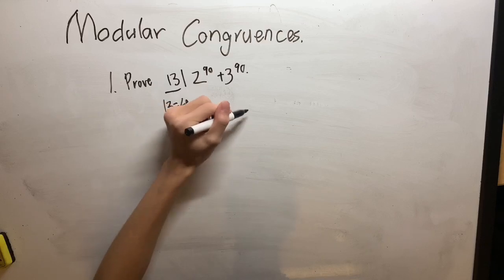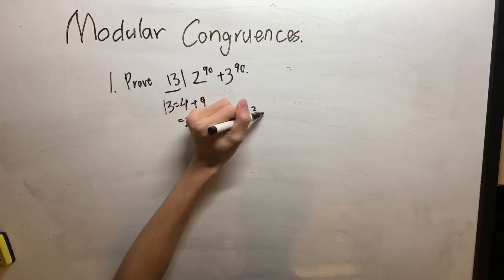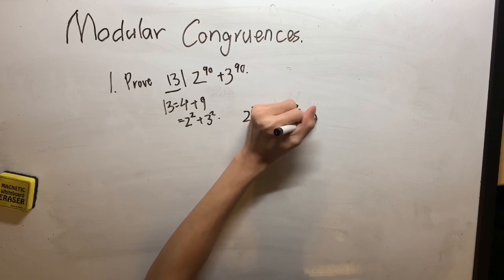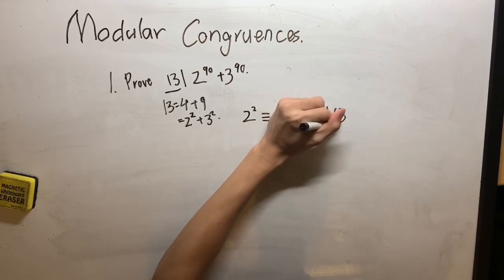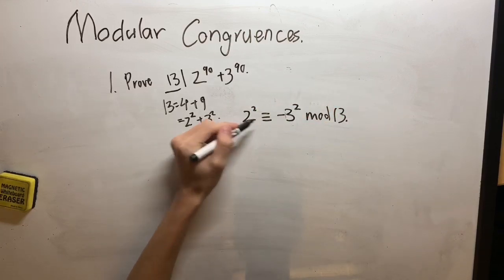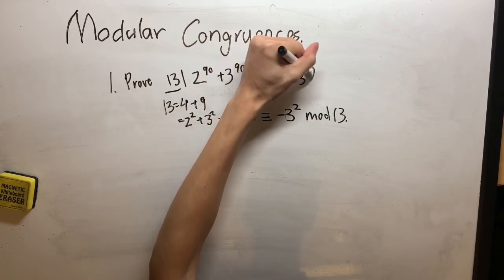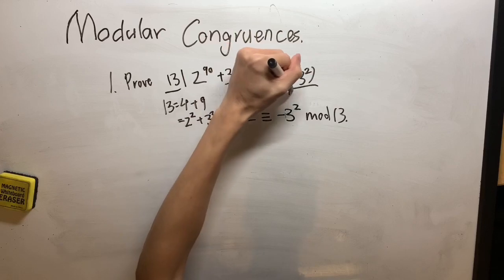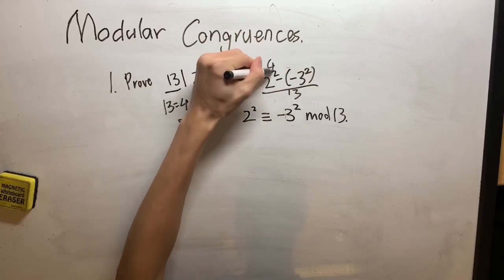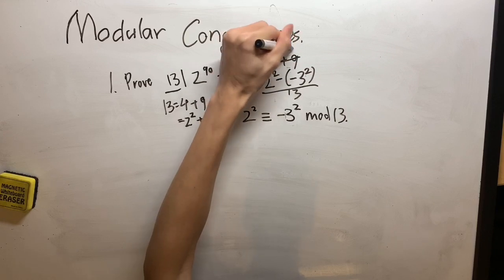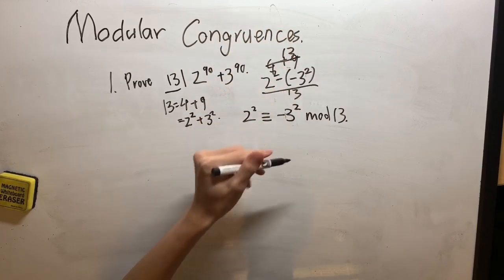Thus, we know 2 squared is congruent to negative 3 squared mod 13, which means that 2 squared minus negative 3 squared is divisible by 13. That's 4 minus negative 9, which is plus 9, and that's 13. 13 is divisible by 13.